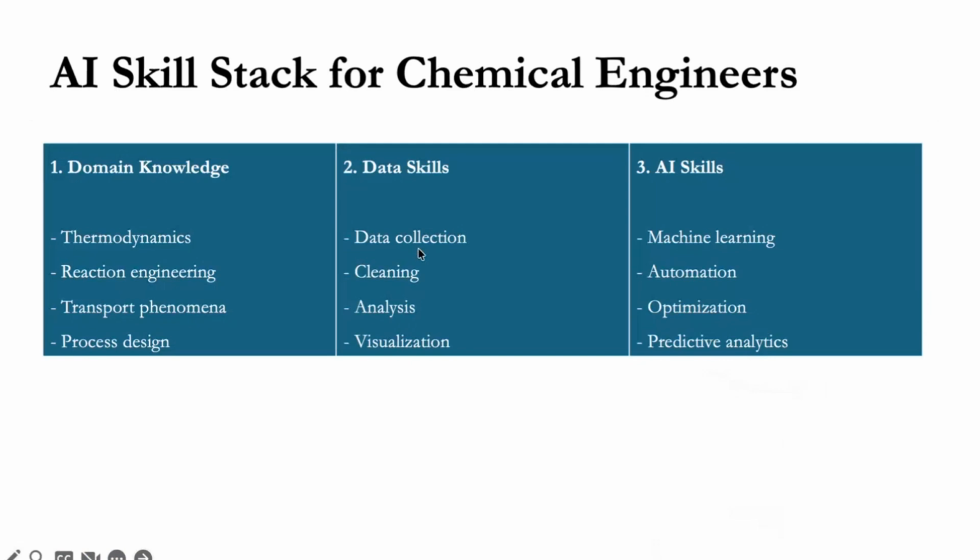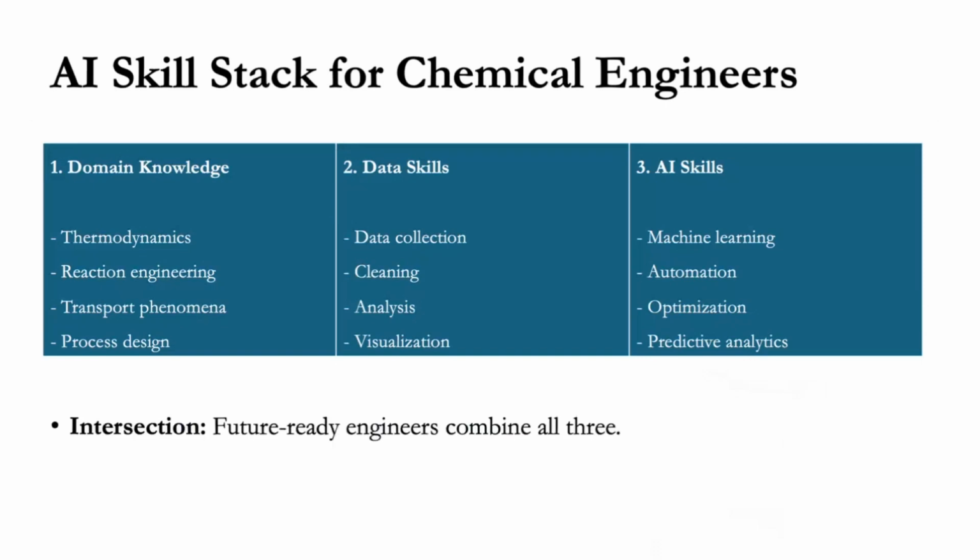Second is data skills: engineers should know how to collect, clean, analyze, and visualize industrial data. Third is AI capability, which includes machine learning, automation, optimization, and predictive analysis. The engineers who combine all three areas will be most valuable in the coming years.